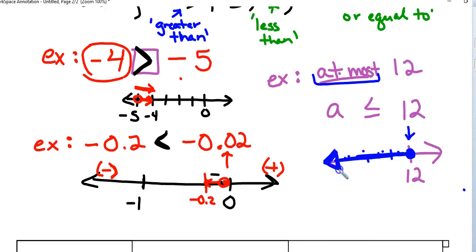We color in the entire thing, and that tells us that you can be any age as long as you are not over the age of 12. Okay? So you can be 10, you can be 10 and a half, you can have that funky thing where you're counting your days. As long as you are not older than 12, you're good.